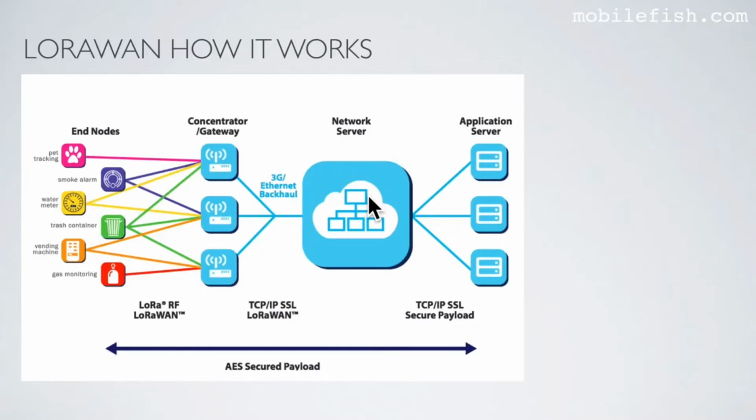The network server forwards this package to the correct application server, for example this one, where the end user can process the sensor data. When a response is sent, the network server receives the response and determines which gateway to use to broadcast the response back to the end node. For example, the network server determines that this gateway is the best gateway to send the response back to the water meter.